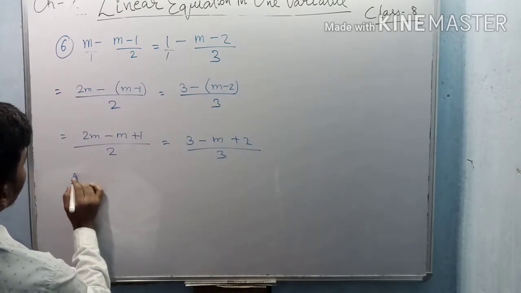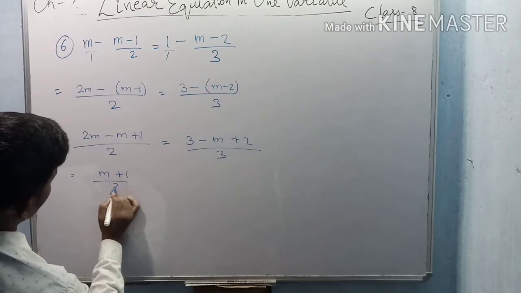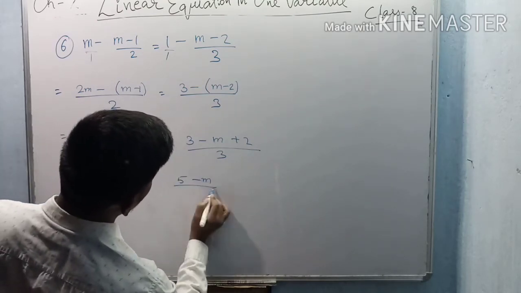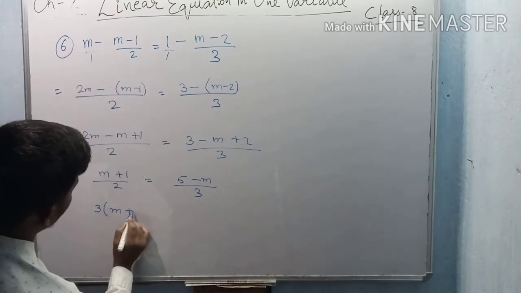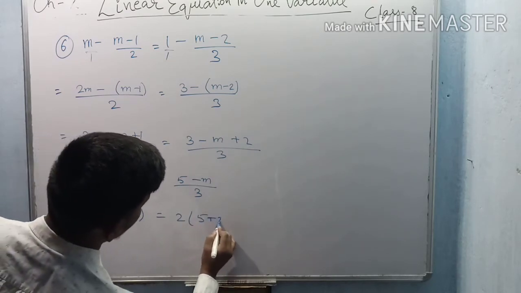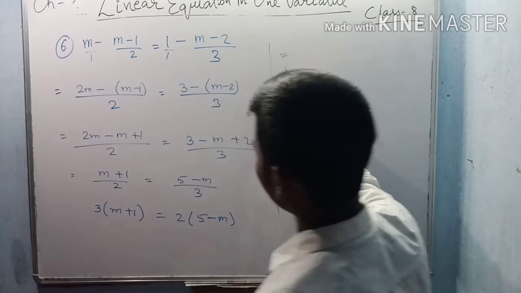Hmm, actually (2m minus (m plus 1)) by 2 equals ((5 minus m) by 3. So 3(m plus 1), and here 2(5 minus m). I am solving here.